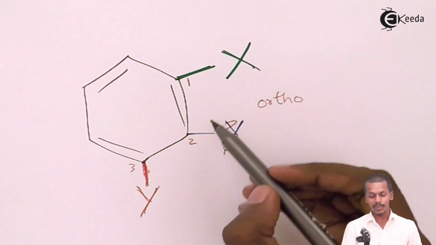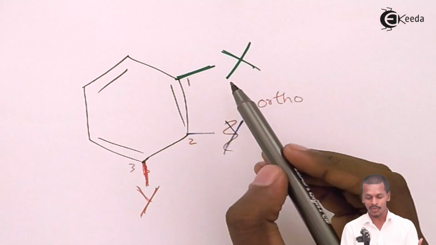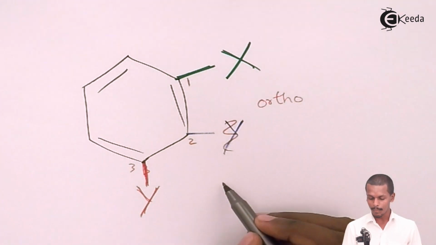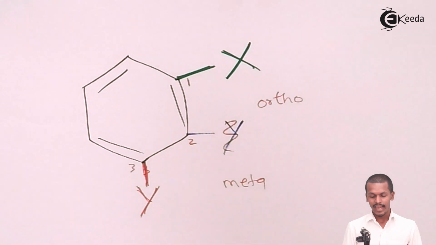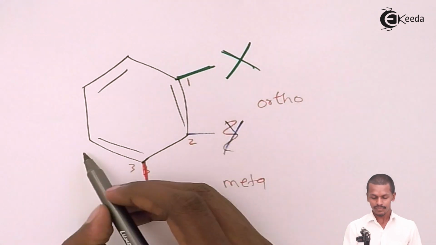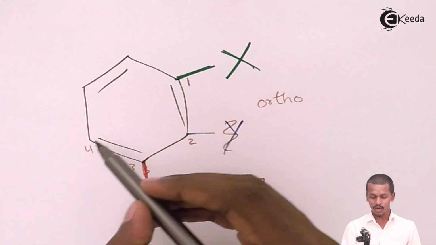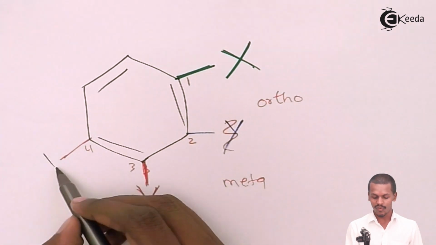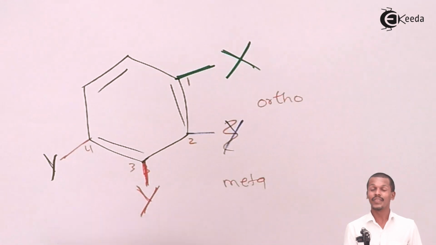On position number 1 there is X, and on position number 3 there is Y. Therefore this would be called meta. And if on the fourth carbon atom, the opposite carbon atom, a group Y is attached, then that would be called para.